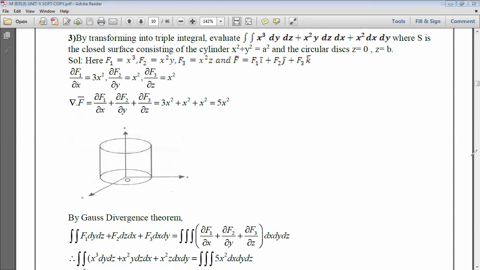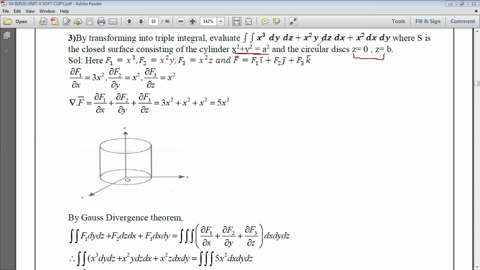By transforming into a triple integral, evaluate this, where S is the closed surface consisting of the cylinder x square plus y square is equal to a square, and the circular disks z is equal to 0 and z is equal to b.